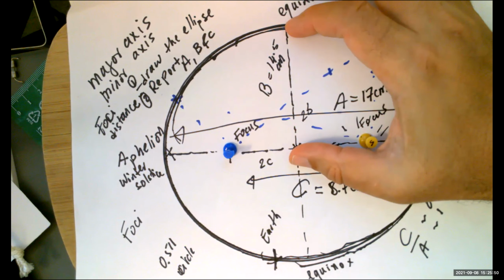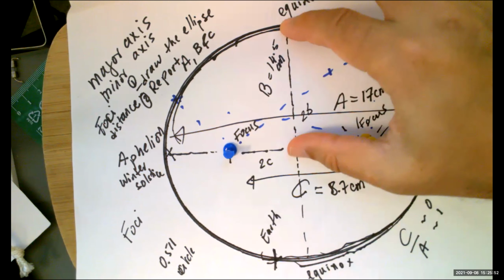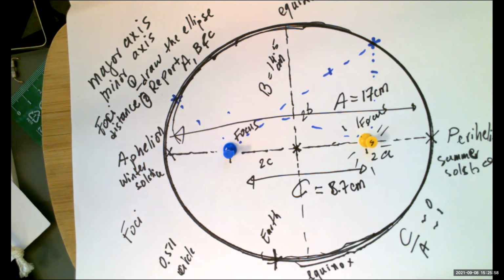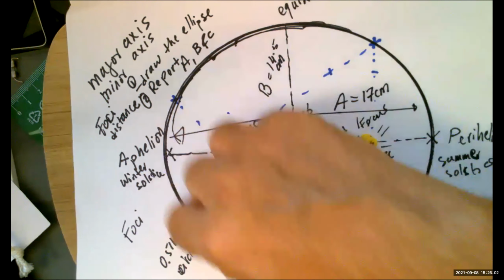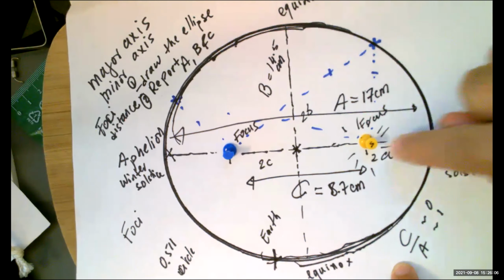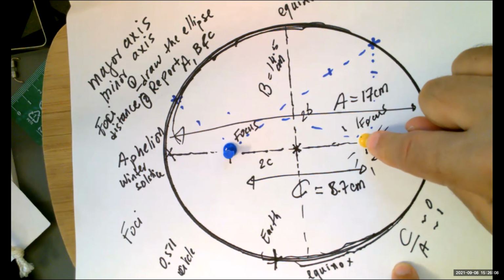Half the minor axis is the semi-minor axis. So these are basically the characteristics of the path of the planets. They go around in ellipses. Each one of them has an elliptical path where the sun sits in one of the focal points.